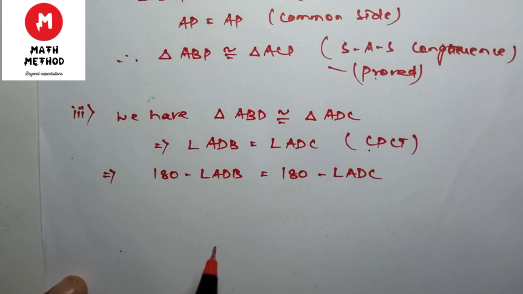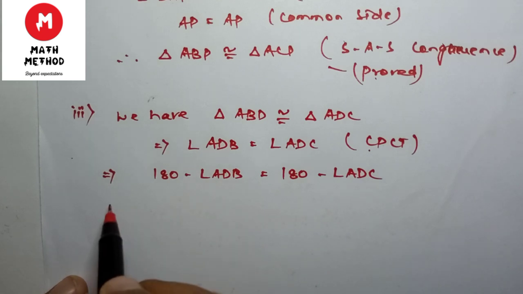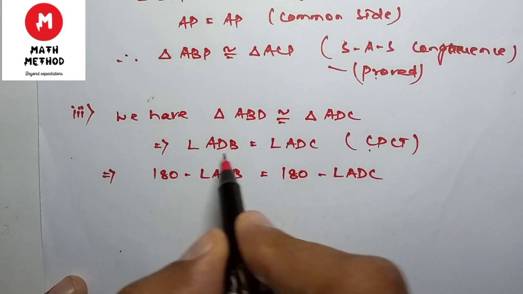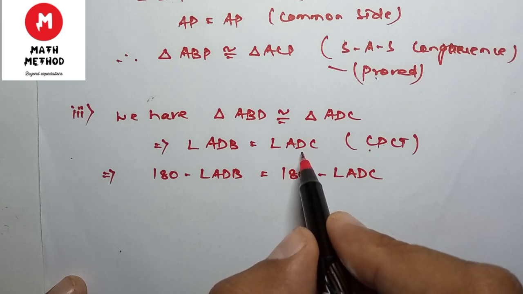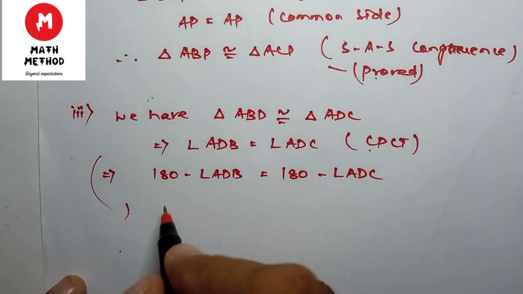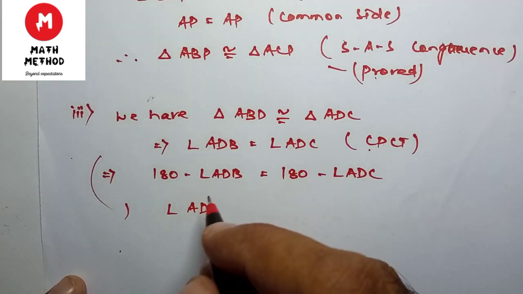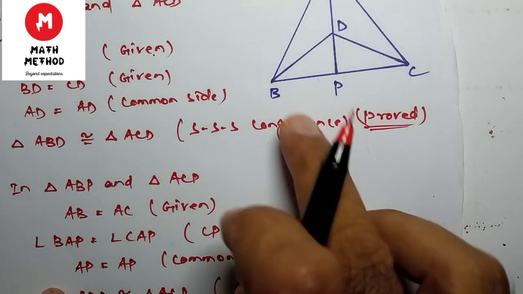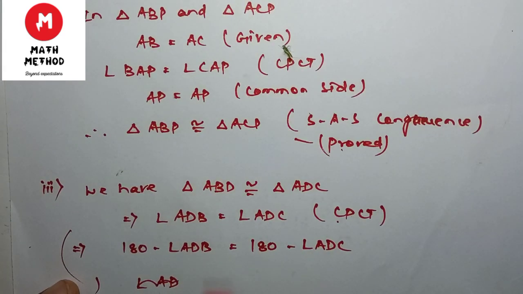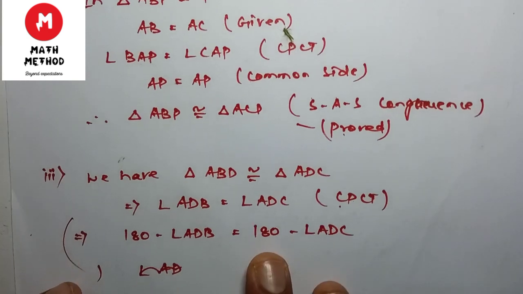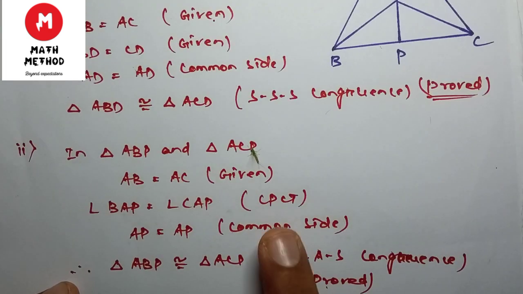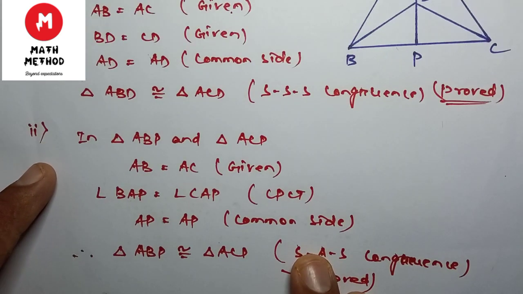Now as we know angle ADB is equal to angle ADC, sorry, we cannot write this. We go from part 2. Now go to part 2.